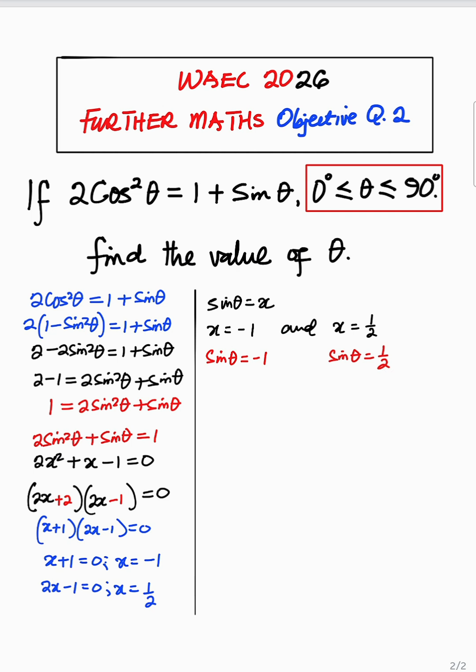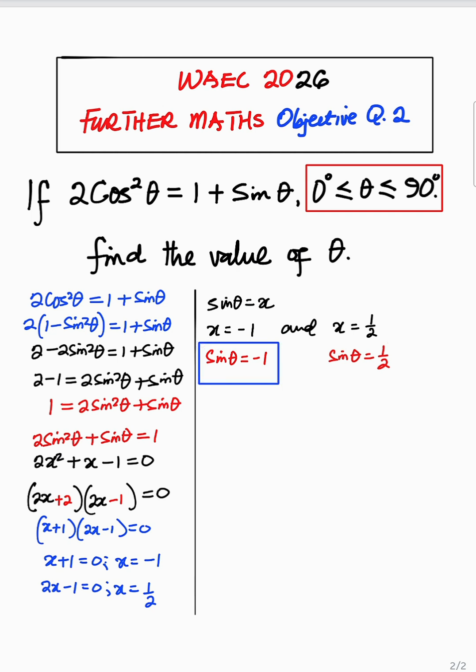If sine theta is negative, it means it should be in the third and fourth quadrants, which is within 270 degrees. It's beyond the range given here, which is 90 degrees. So definitely we can see that this is out of range.